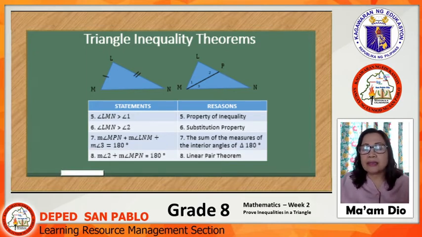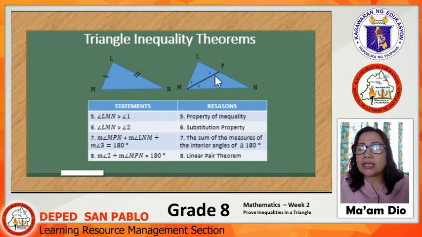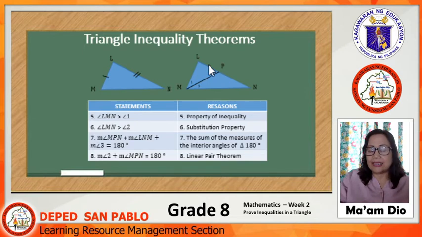Statement number 8, that the measure of angle 2 plus the measure of angle MPN, these two angles here, are otherwise known as a linear pair, therefore its sum is 180 degrees. And the reason? Because of the linear pair theorem. Remember that if two angles form a straight line, then its measure is 180 degrees.